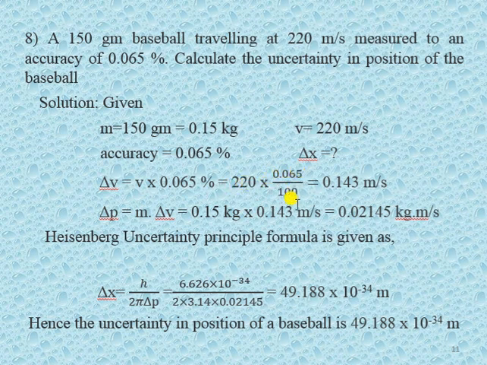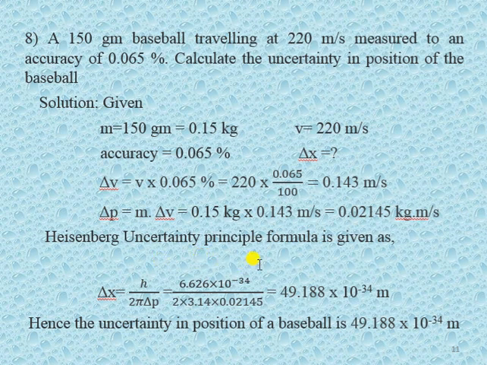Now uncertainty in momentum equals mass into uncertainty in velocity. Mass is 0.15 kg and uncertainty in velocity is 0.143 meter per second. It is equal to 0.02145 kg meter per second. Now we use the Heisenberg uncertainty principle formula. Delta x equals h upon 2 pi into delta p.